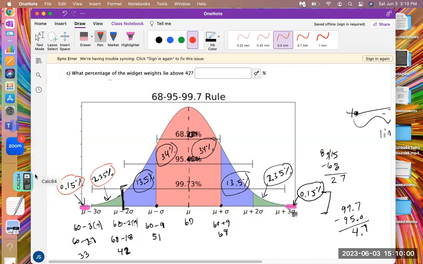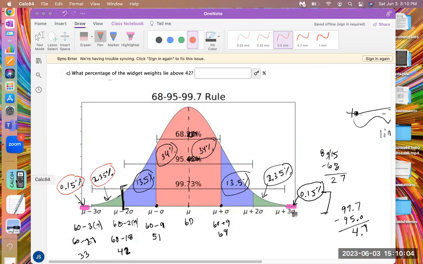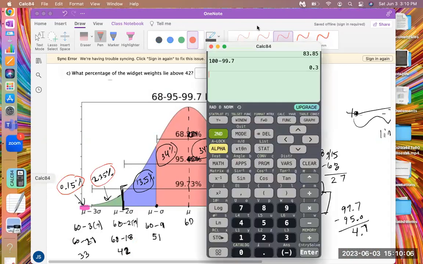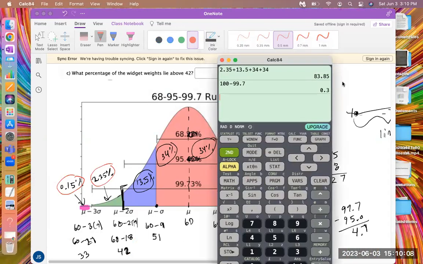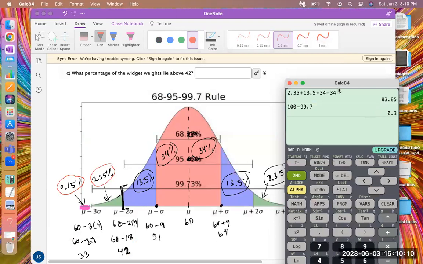Okay, let's see. Because we know that all of these regions, all the pink, green, purple, and red, have to add to 100%. So the whole area under the curve adds to 100%. So if I take what's beneath 42 away from 100%, then that should give me all the other area above 42.